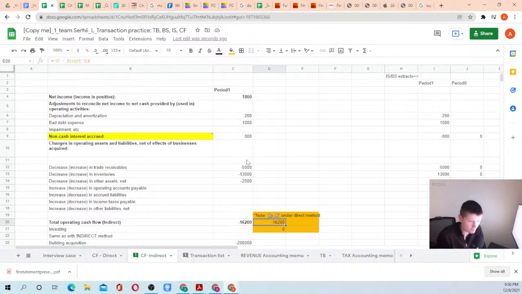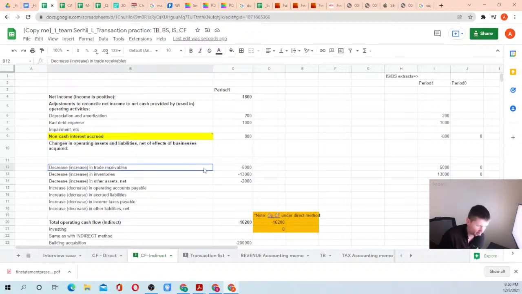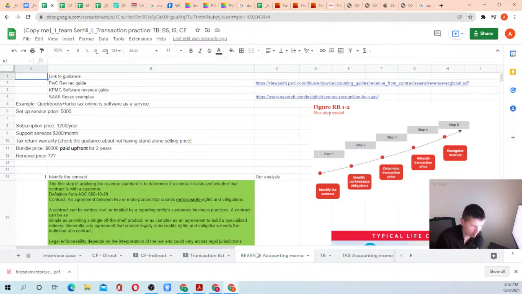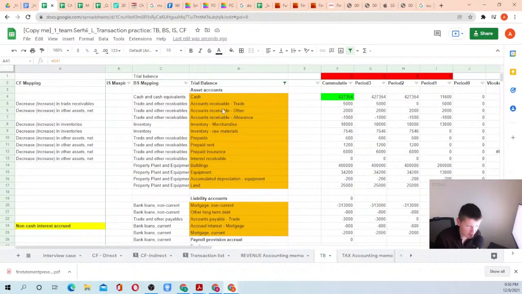So what are the lessons from here? First lesson, in the trade receivable, you want to look at the gross numbers. You want to look at the gross numbers in the change in trade accounts receivable.